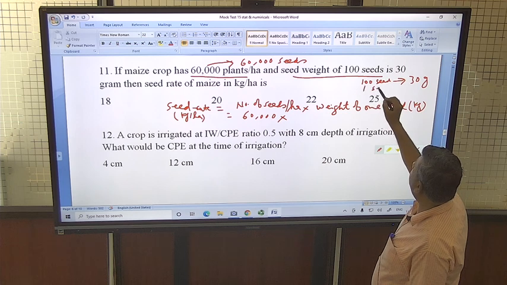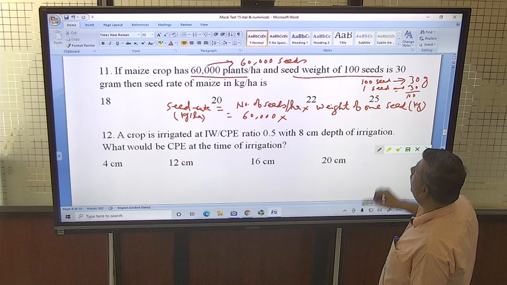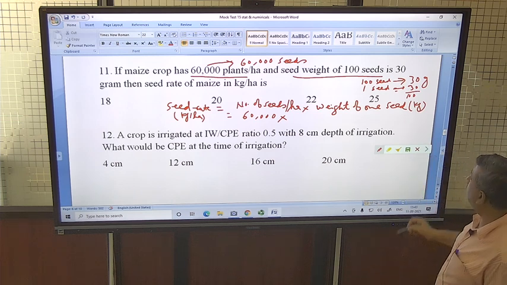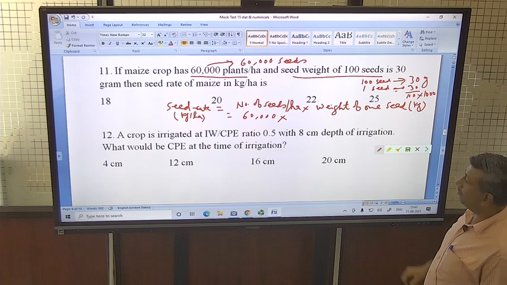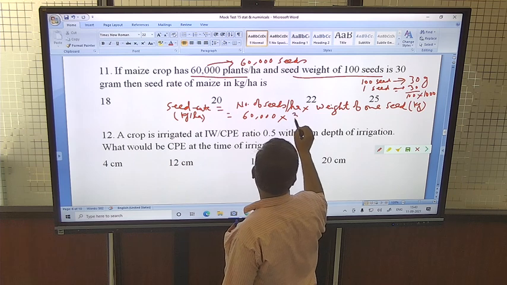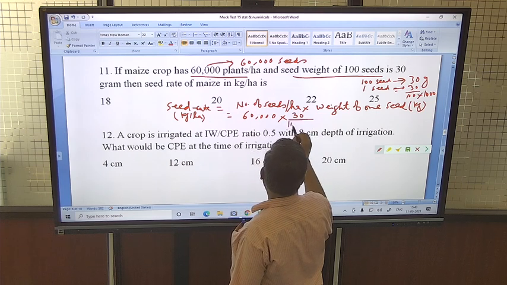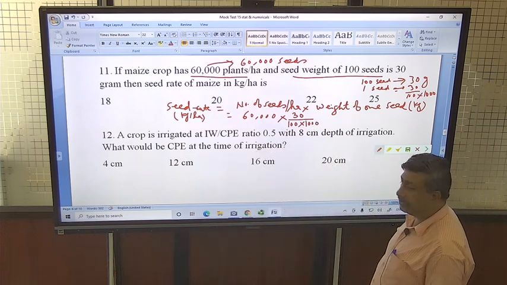So one seed weight is equal to 30 upon 100, and this is in gram, then convert into kg by dividing it by 1000. So here one seed weight in kilogram is 30, then you can calculate the exact number.